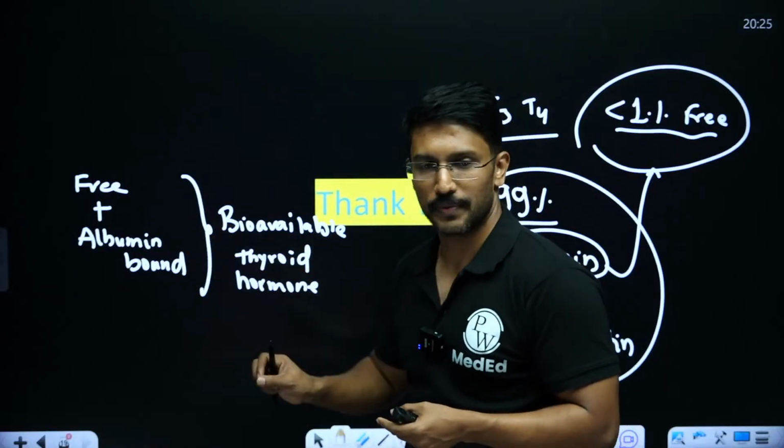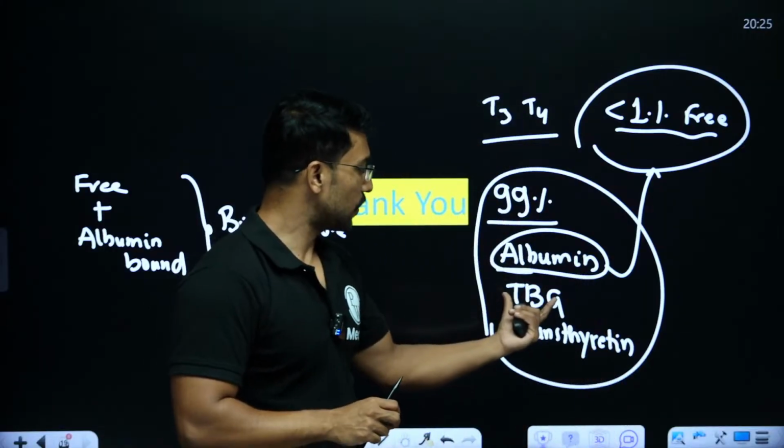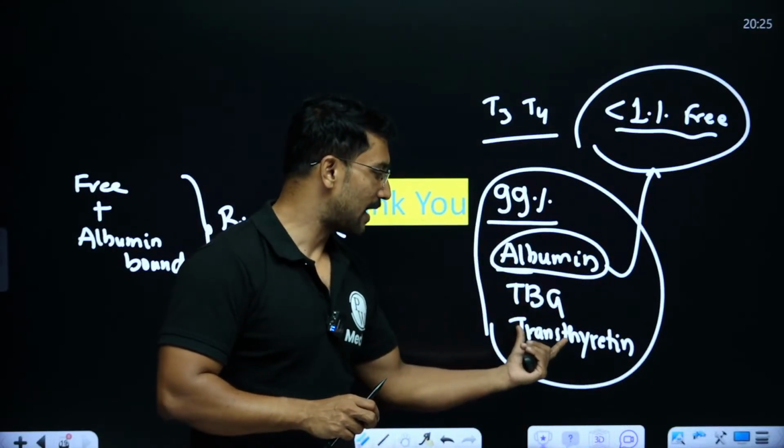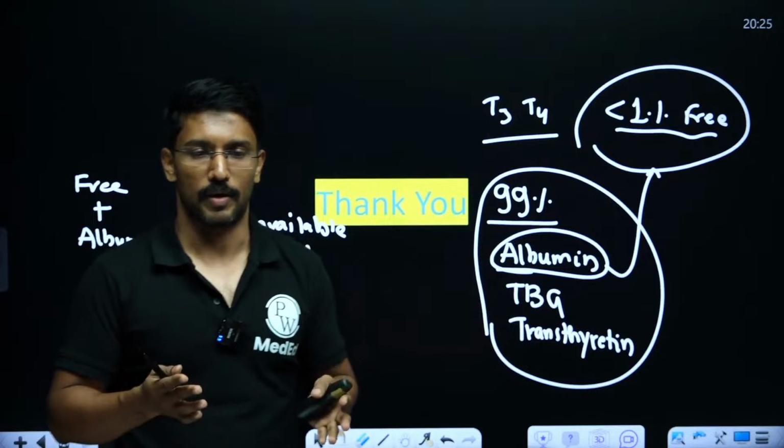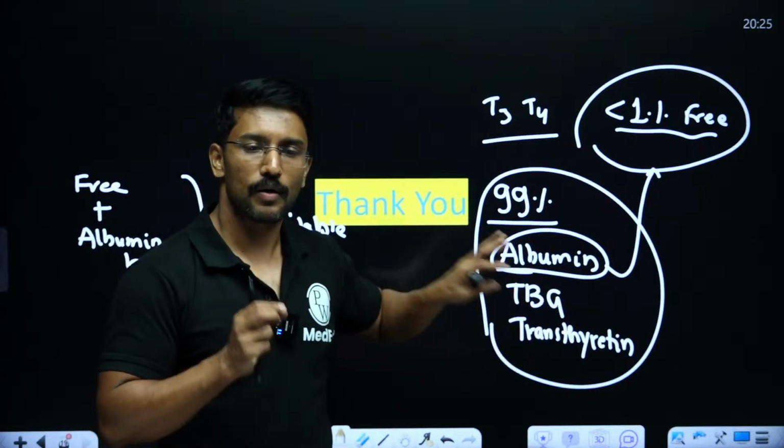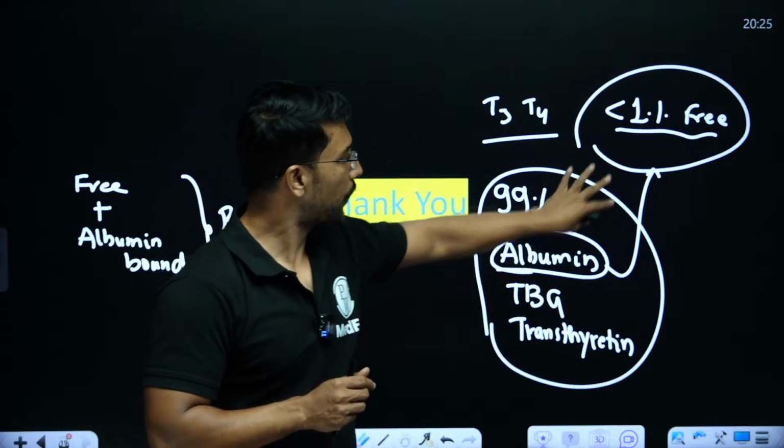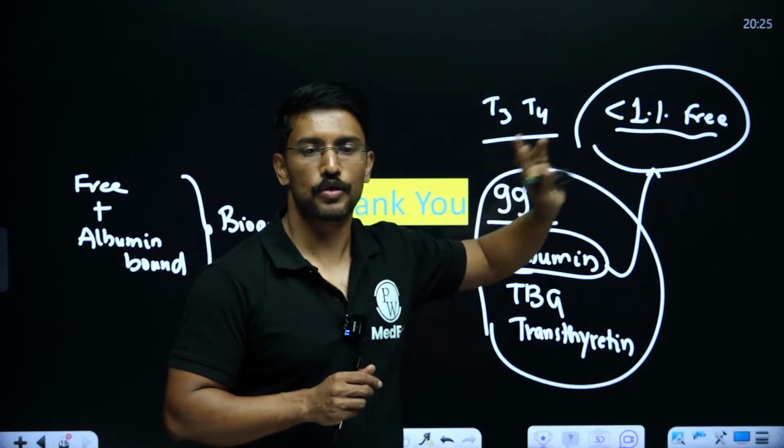But the one that is bound to thyroid binding globulin and transthyretin is not readily available. It will become available only under extreme conditions where there is severe deficiency of thyroid hormone.